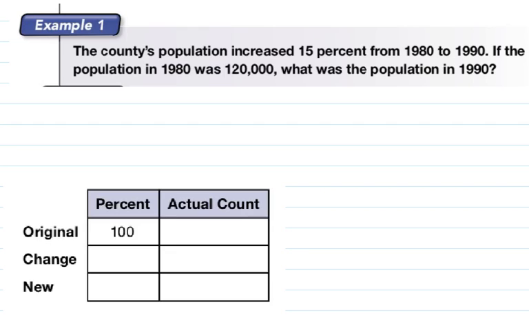Okay, so we know that there was an increase of 15%. And then it tells us that the population in 1980 was 120,000.